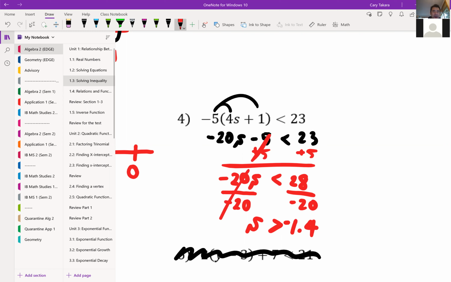Why? Not because the answer turned out to be negative 1.4. That's not the reason. But because why? Because we divided both sides by a negative number. That's why you have to flip. Okay.